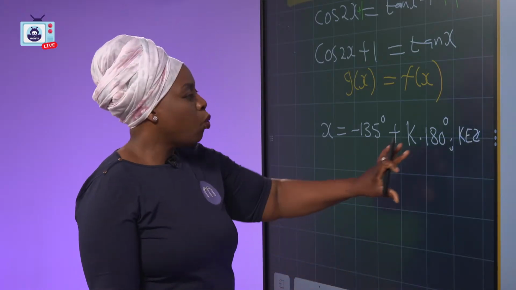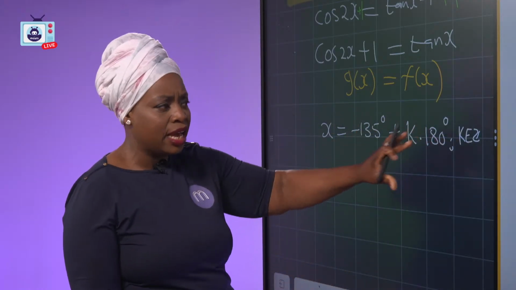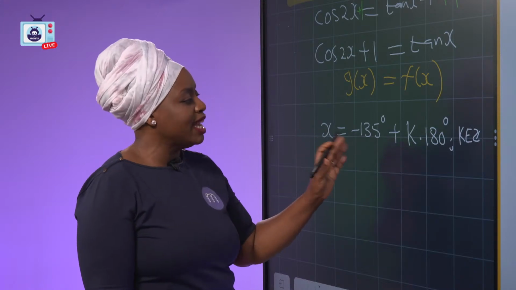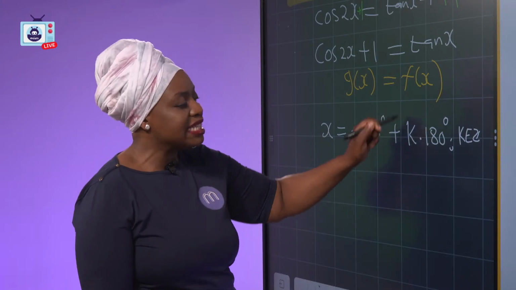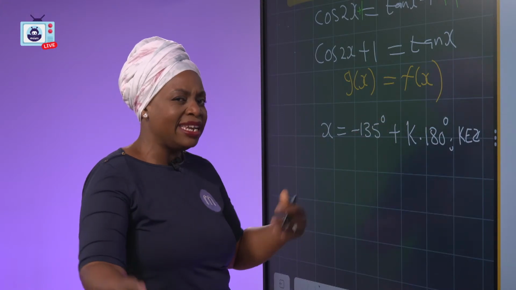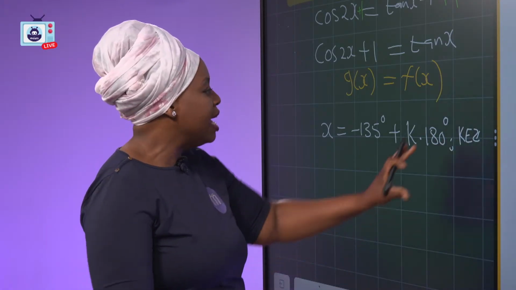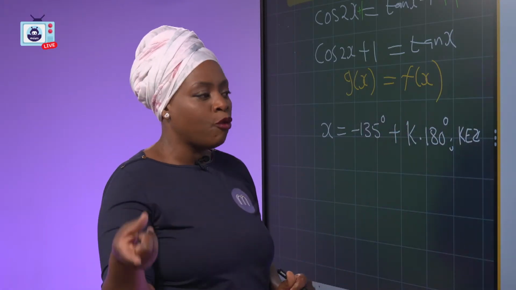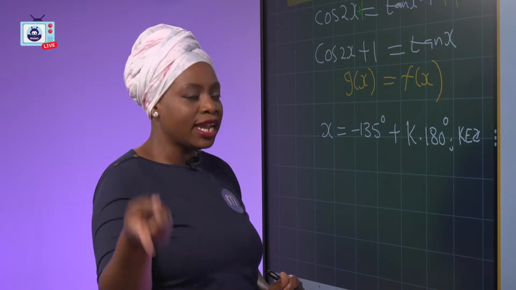Some use n, some use k, but you can use either one. What are we saying here? Every point that we can add and make it a k point, whether 1, negative 1, 2, whatsoever, still has to be a solution of what we are looking for, hence general solution.